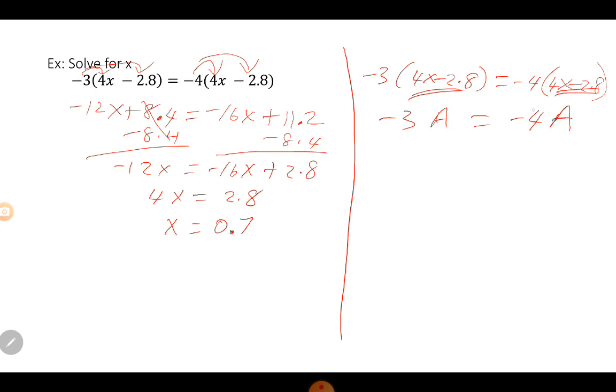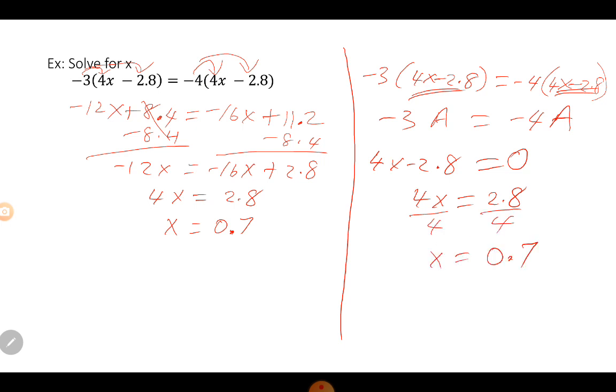Well, that could only be true if that amount is equal to 0. Well, that amount happened to be 4x minus 2.8. So if that's equal to 0, adding 2.8 to both sides, we get 4x equal to 2.8, and divide both sides by 4. So x is equal to 0.7.